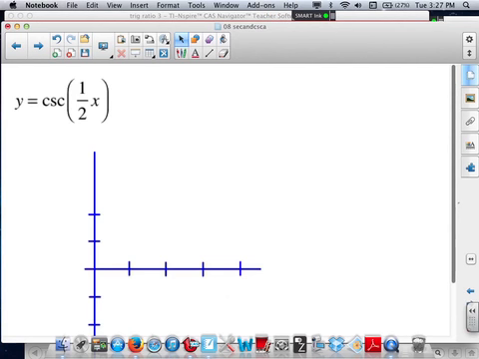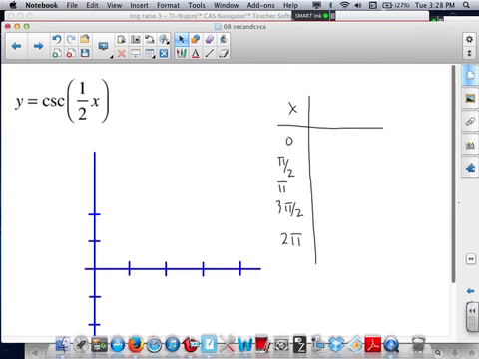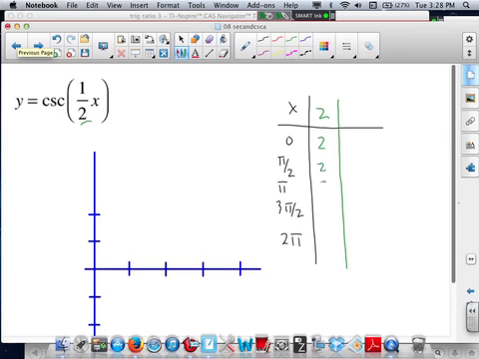All right, let me try one more graph for you. Let's do a cosecant one. All right, so we're going to have our triple table of x values. I'm going to multiply all of these by the reciprocal of this number, which is actually 2. That's weird. Multiply all these by 2.